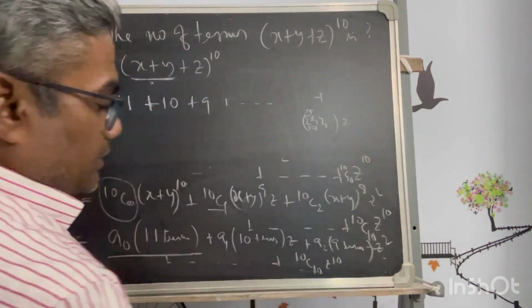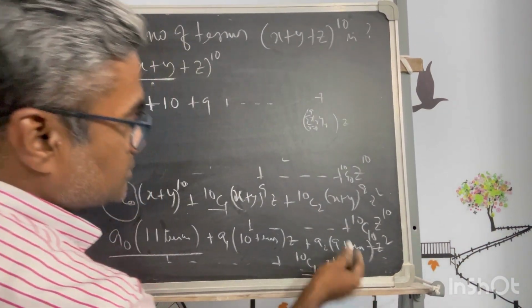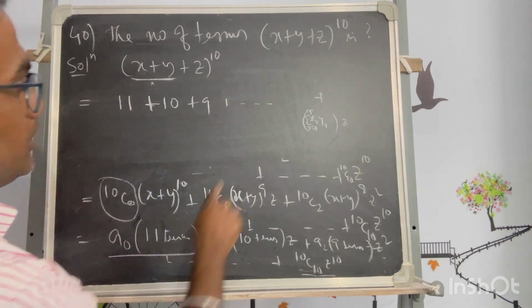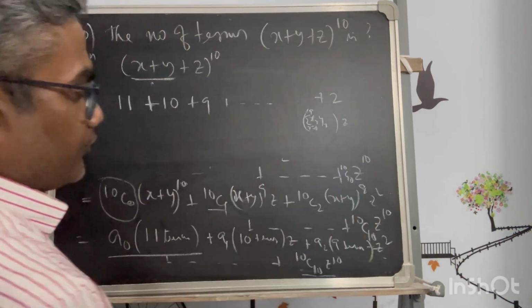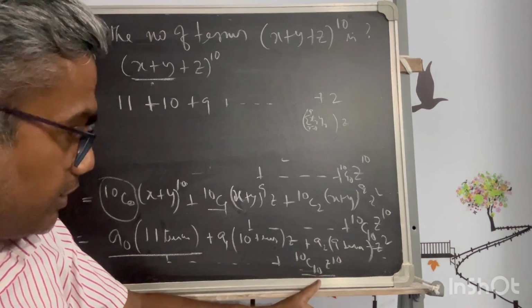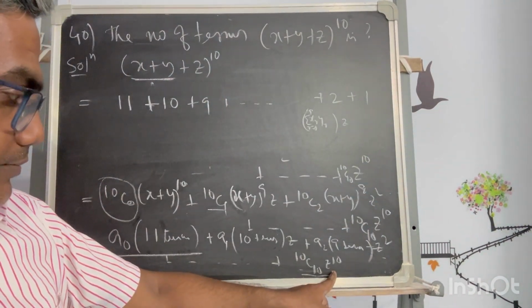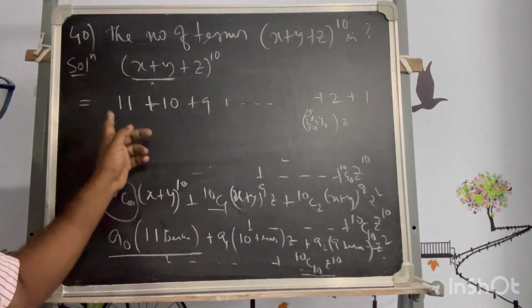The last term is a single term that does not contain any x and y. So it goes on reducing until the number of terms is 2, then another term is added, 1, the last term. So this is reduced by 1 each time.